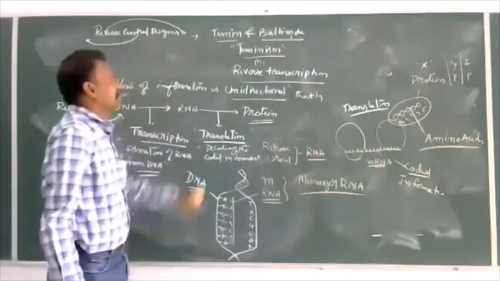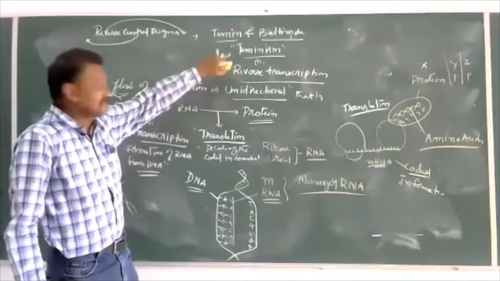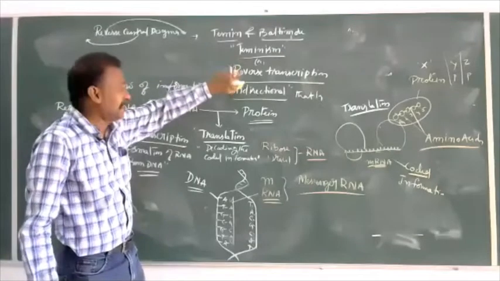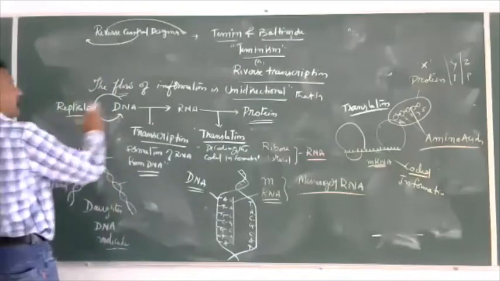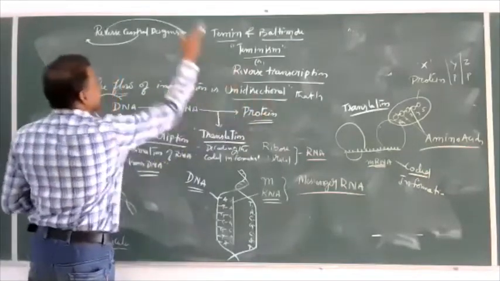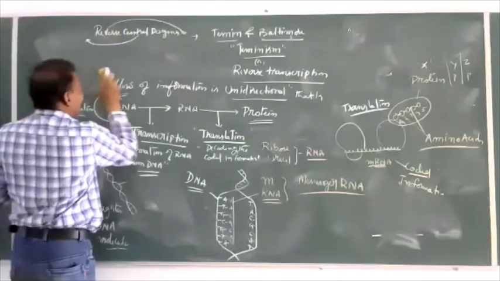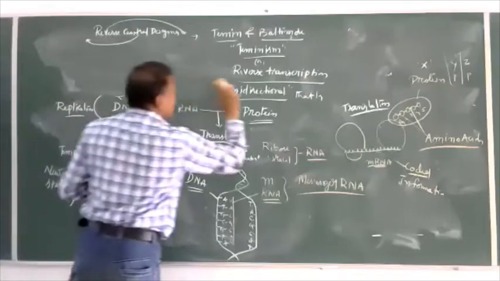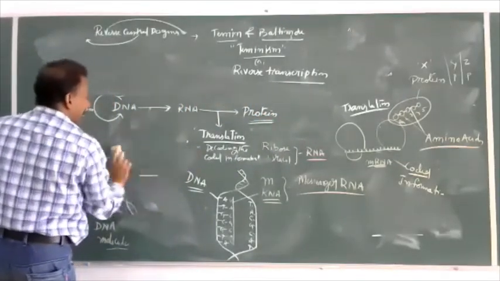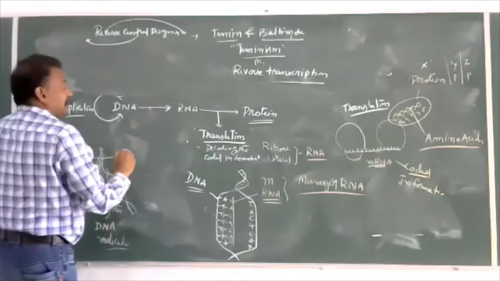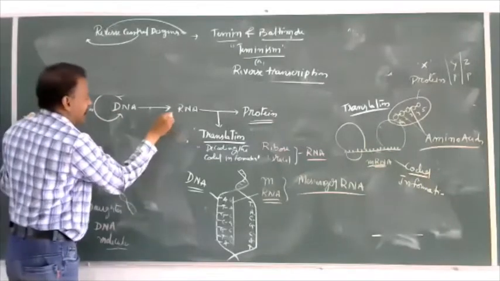What is Teminism? Because Temin discovered it along with Baltimore. Teminism is nothing but reverse transcription. What is reverse transcription here? The flow of information is unidirectional, that is called central dogma. But here the flow of information is sometimes bidirectional, that is simply the process of formation of DNA from RNA.